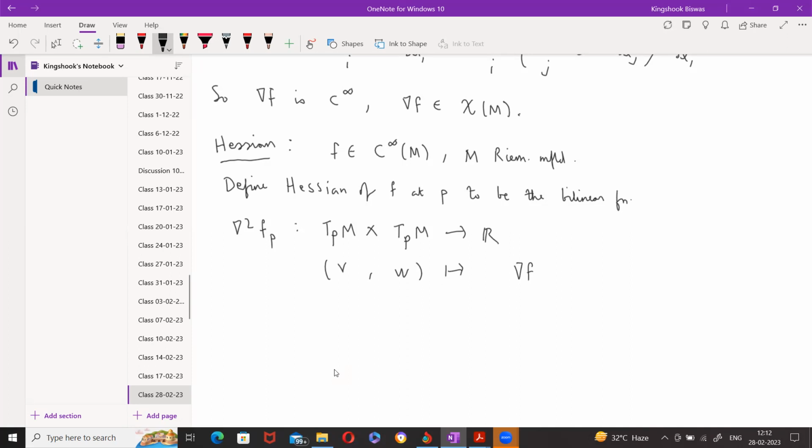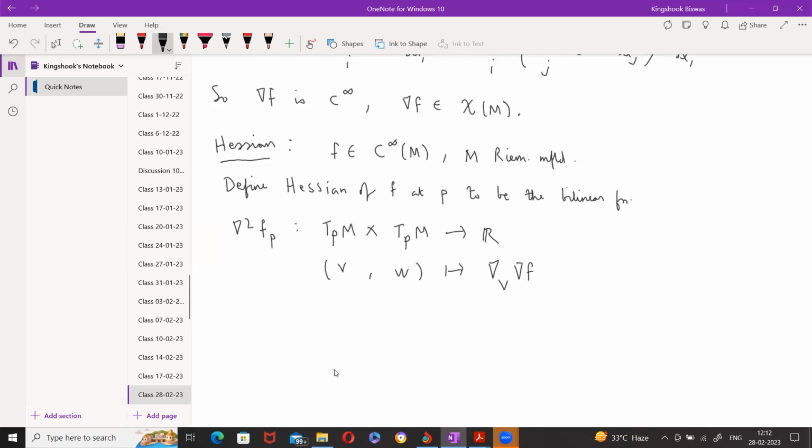Well, this is a vector field, so I can take its covariant derivative in the direction of v. Remember that in the first argument of the connection, I can put in a tangent vector.